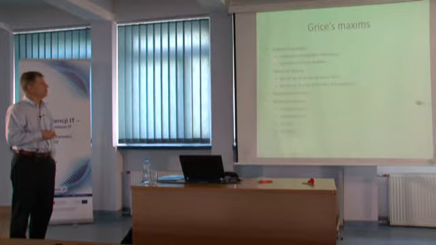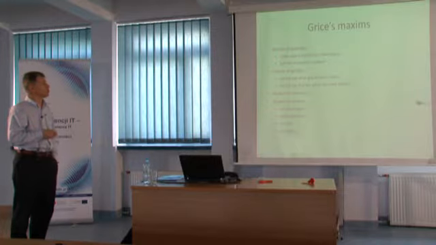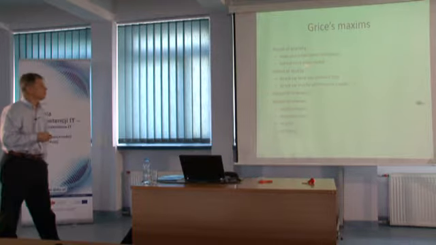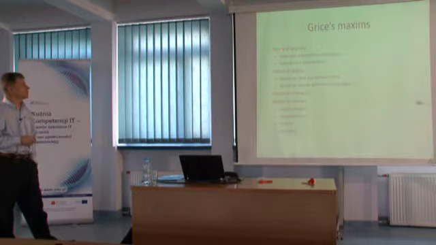So for instance, make your contribution informative, but do not provide too much information. So the balance between these two is something that is difficult to maintain, even for humans, yes?